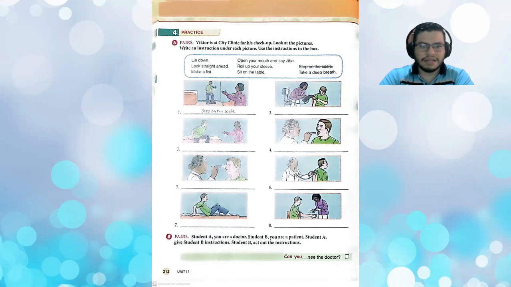And the last one, number 8, is the missing one. It is, for example, make a fist. Empuña tu brazo. Make a fist. It is over here.